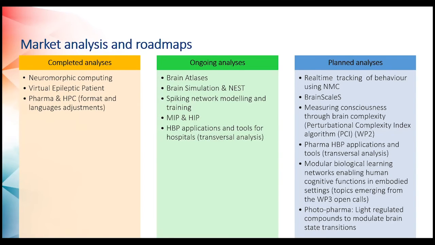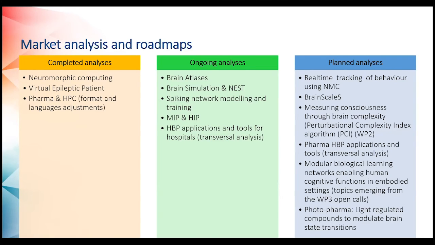We have ongoing studies. The first one is Brain Atlas. We will try to give an overview of existing initiatives related to Brain Atlas, with a strong focus on the HBP Brain Atlas.